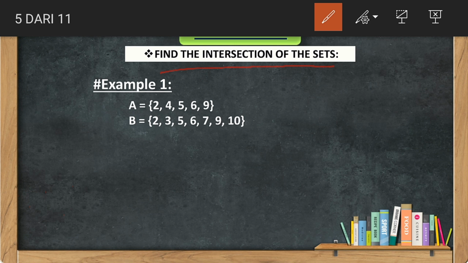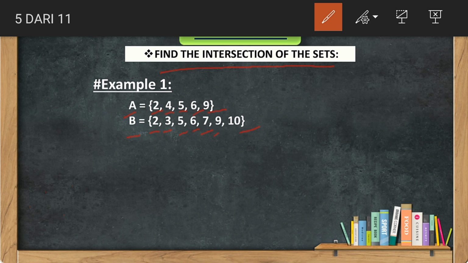Let's say we have set A, which contains the elements 2, 4, 5, 6, and 9, and we also have set B, which contains the elements 2, 3, 5, 6, 7, 9, and 10.